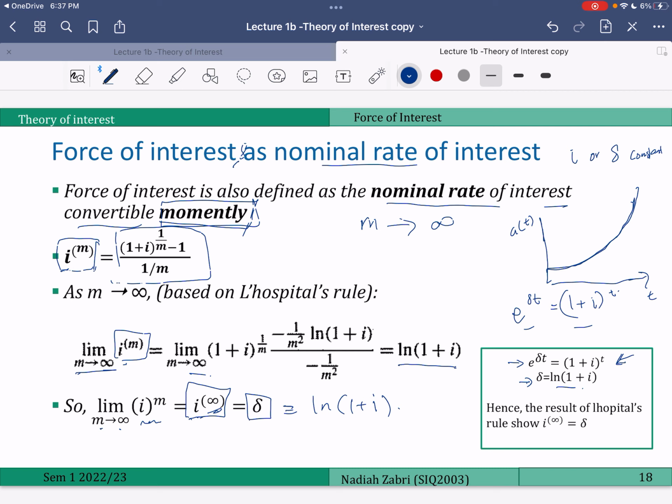So hence the result of L'Hopital's rule shows that the force of interest is actually the nominal rate of interest that is compounded momently. Hope you understand this part. This is just proving that delta is actually a nominal interest rate that is compounded momently.